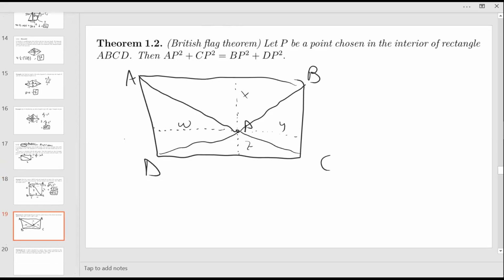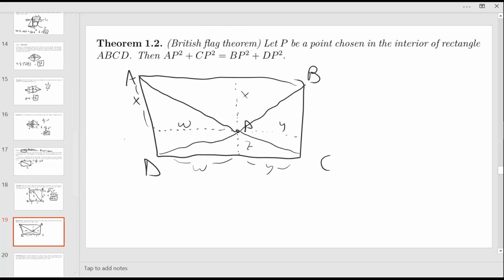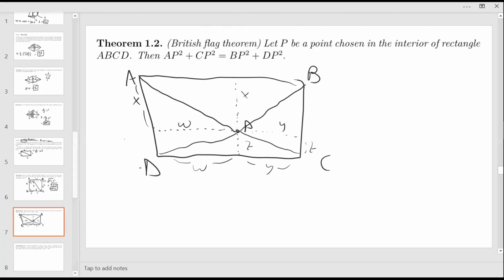This distance is X, this distance right here is W, this distance right here is Y, and this small distance here is C. This is X, this is Y, then this is W, and right here it's C.